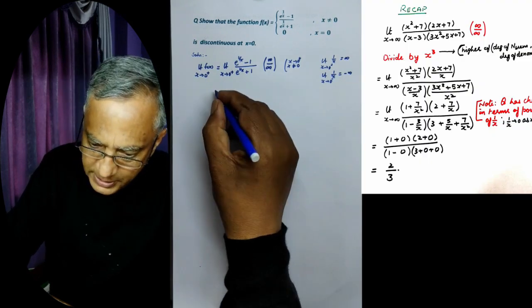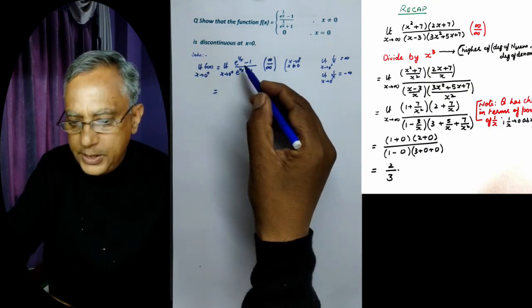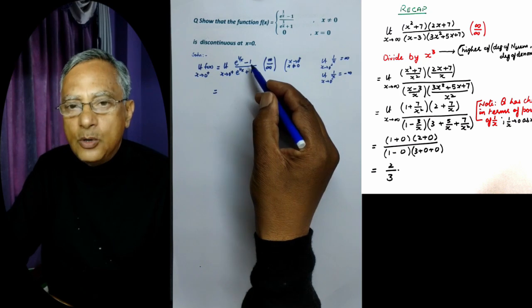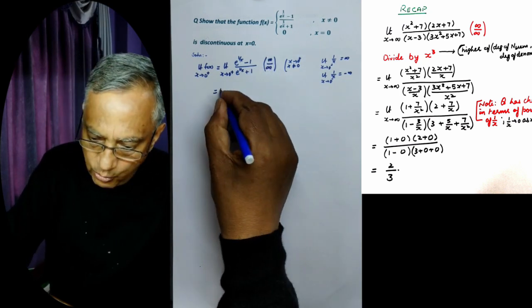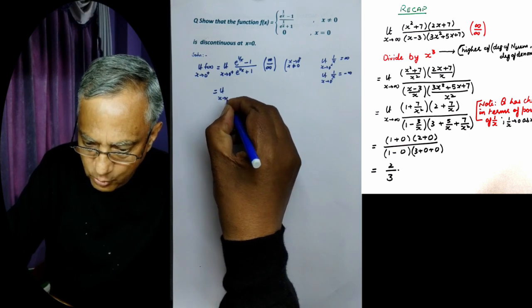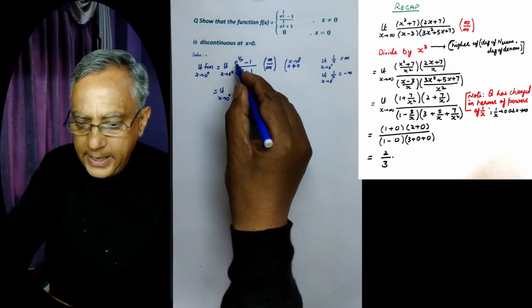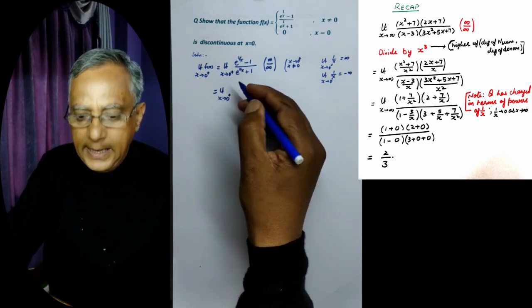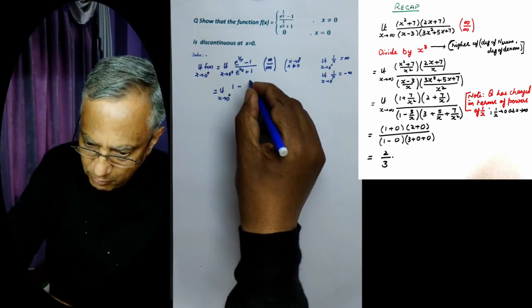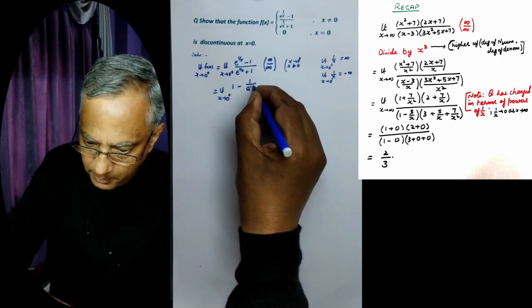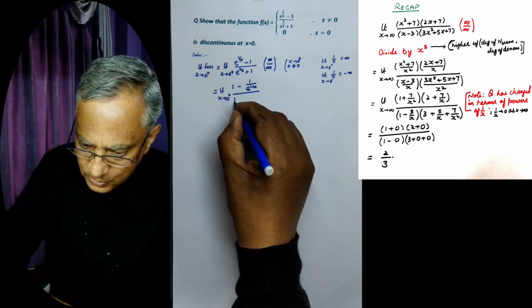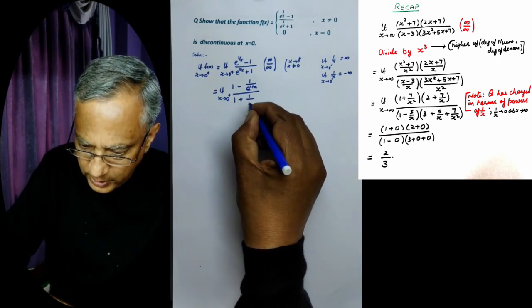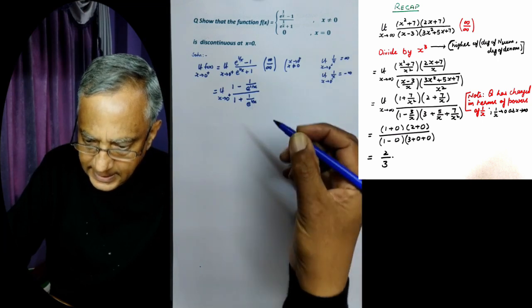And in such questions, what we do is we change these questions into the form 1 by infinity. That is, we divide the numerator and denominator by e to the power of 1 by x. So this will be 1 minus 1 over e to the power of 1 by x, and this is 1 plus 1 over e to the power of 1 by x.